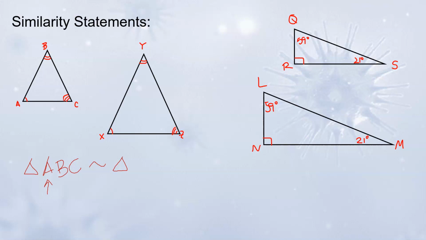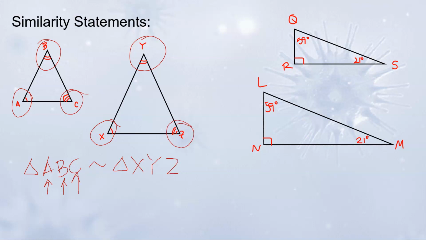So in our picture here, angle A is congruent with angle X. So I'm going to start with X. Angle B is congruent with angle Y, so after X comes Y. Angle C is congruent with angle Z. So triangle ABC is similar to triangle XYZ.